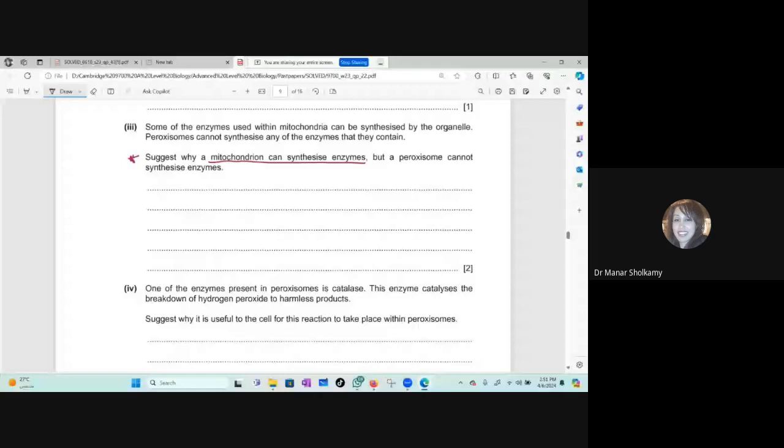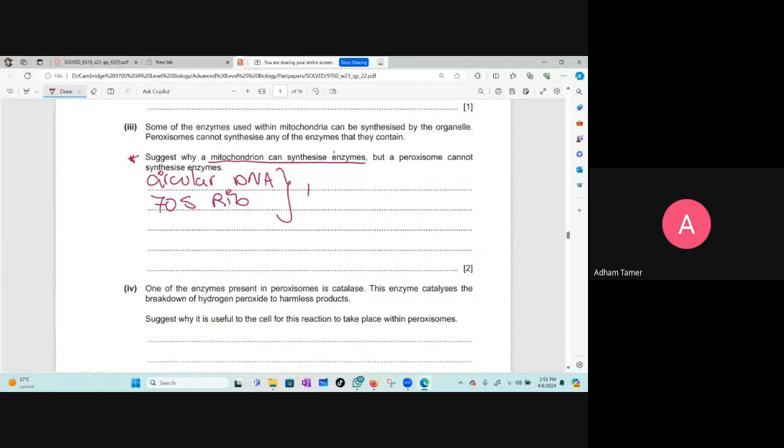Again, this is the lesson cell structure. Adam, why can mitochondria produce enzymes, but the peroxisome cannot? Because it has circular DNA inside of it. Correct. What else? Because it does have circular DNA. And 70S ribosomes. Excellent. It does have 70S ribosomes, and this DNA and the ribosomes can be used in what?